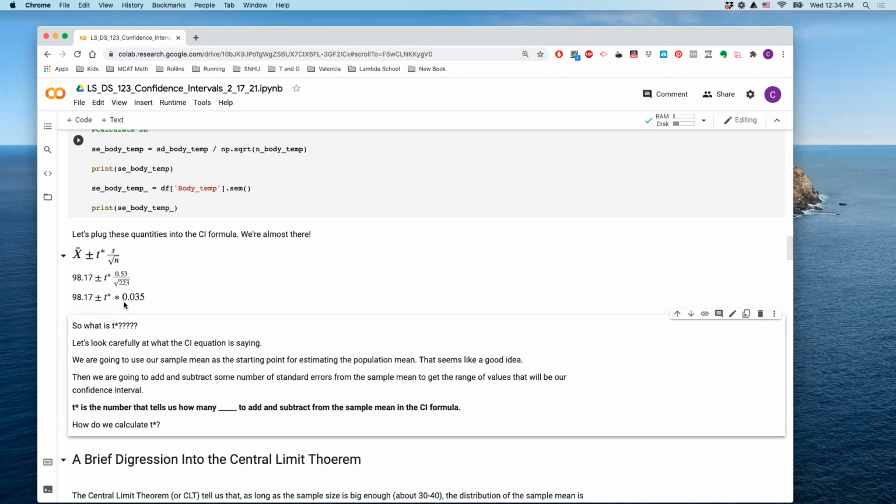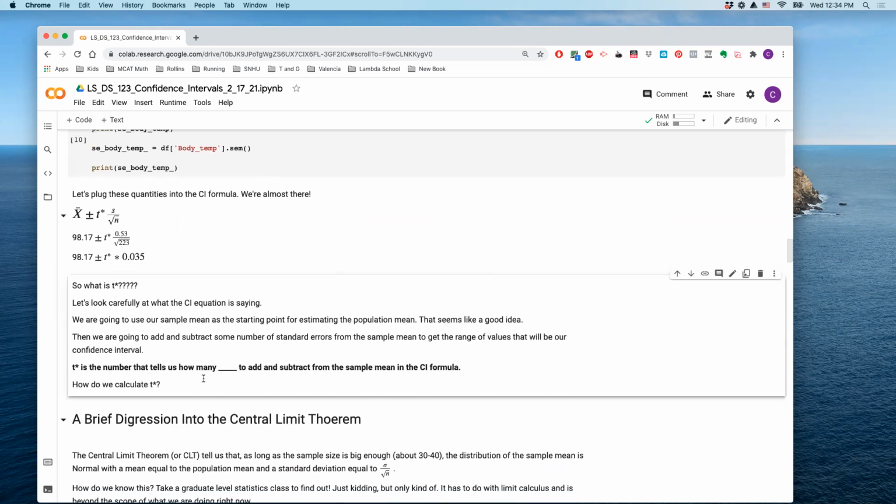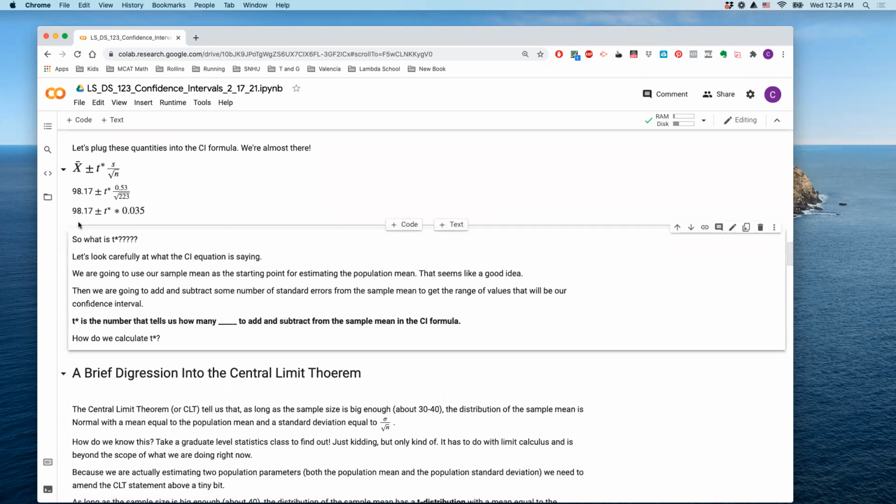So now it is time to understand what t star is doing in our equation. What we're saying is when we calculate a confidence interval, we start at the sample mean and we add and subtract some number of standard errors on either side.